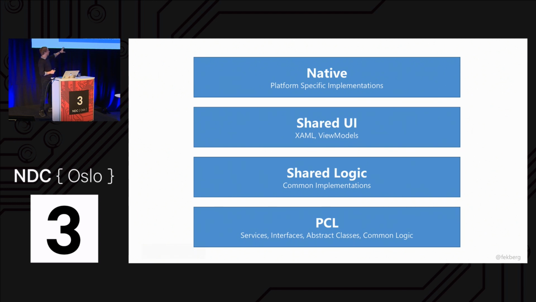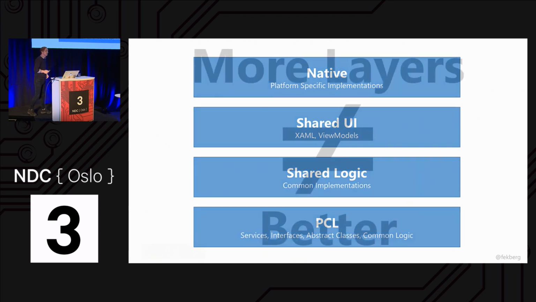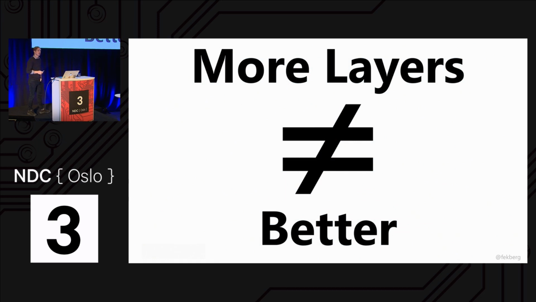Right? So if we bring in an interface in a PCL, then we can build the implementation for that either in the native layers, or in our shared logic layer, if they're similar across all the platforms.